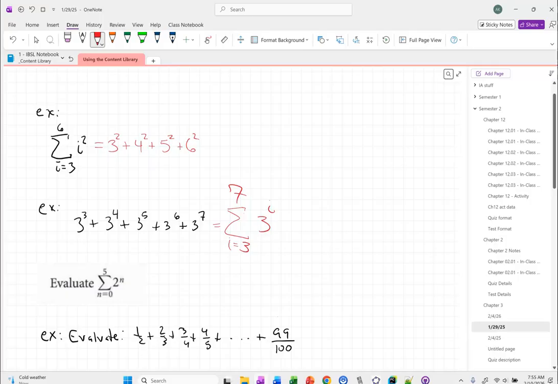Ideally, you should look at this and go, hey, this is a geometric series that we're adding up. Right? All we're doing is multiplying by 3 each time. So you could have also written this as the sum from i equals 1 of the first term, 3 to the third, times r, the common ratio, to the n minus 1.